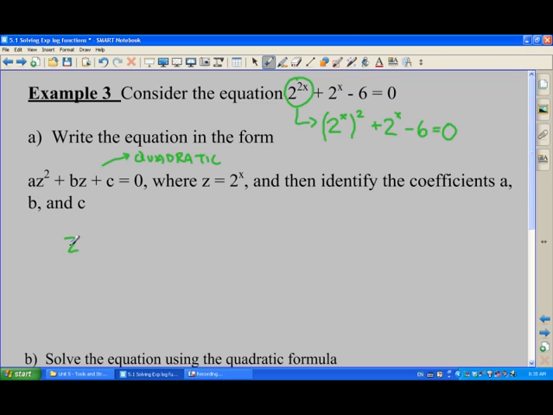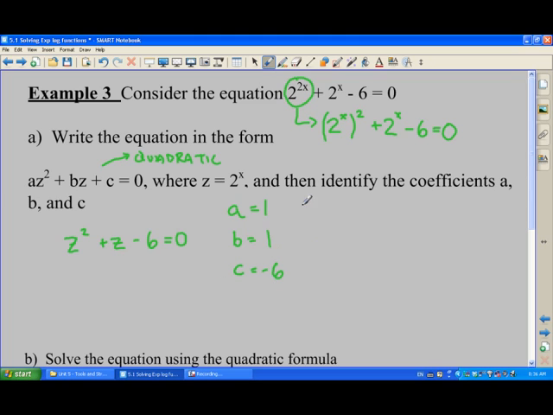I have now my z squared term plus z minus 6 equals 0. So my coefficient a is 1, my coefficient b is 1, and my coefficient c is negative 6.